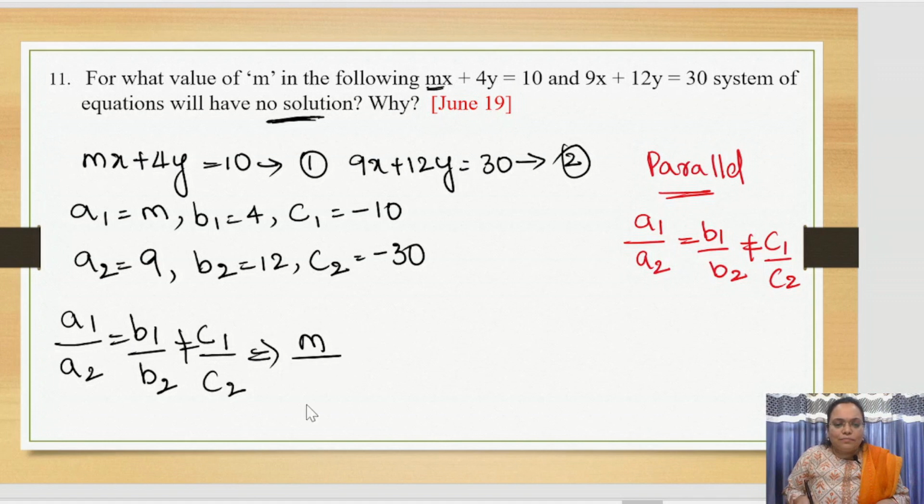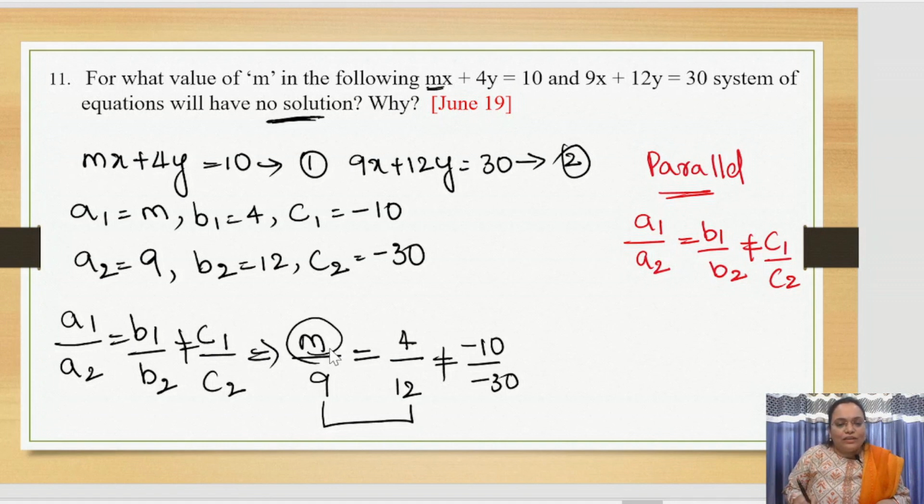a1 is m by a2 is 9 is equal to b1 is 4 and b2 is 12, is not equal to c1 is minus 10 and c2 is minus 30. Okay. So let us take these two and find the value of m.